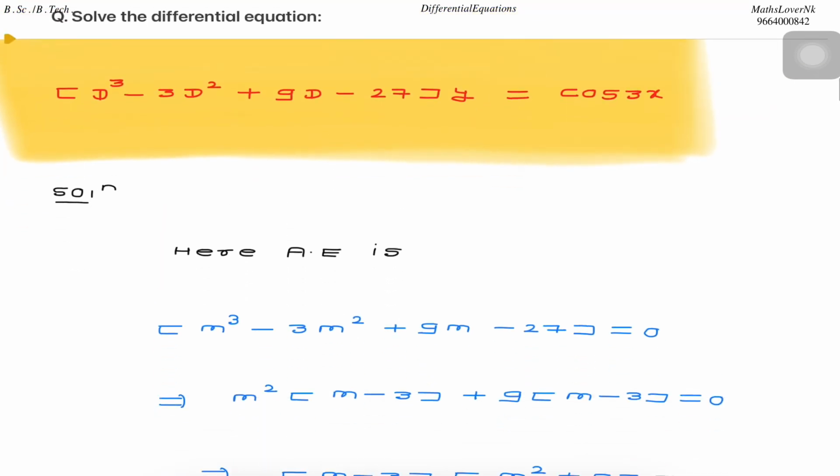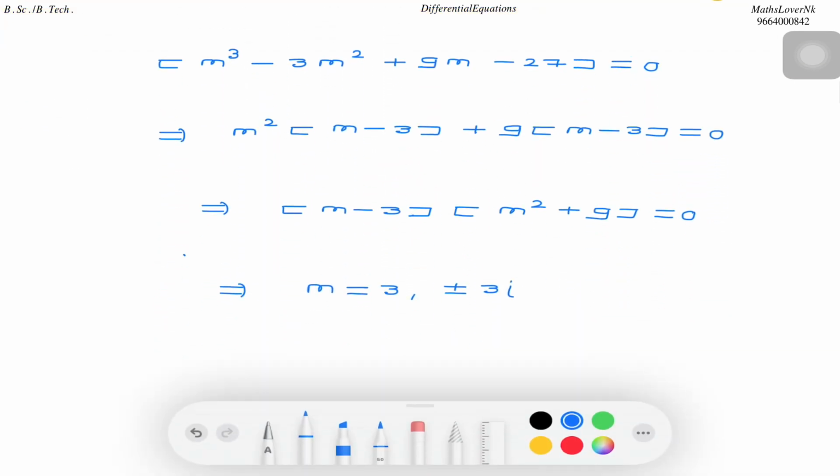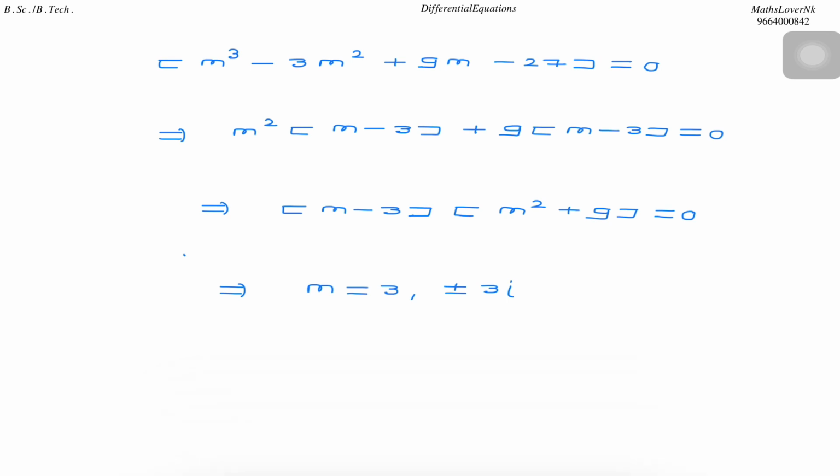Now CF is given by, we know that when the roots are real, then CF is C1 e to the power ax, C2 e to the power bx. Here one root is real, so C1 e to the power 3x plus, we know that when the roots are complex conjugate, then the solution is e to the power alpha x bracket C1 cos beta x plus C2 sin beta x.